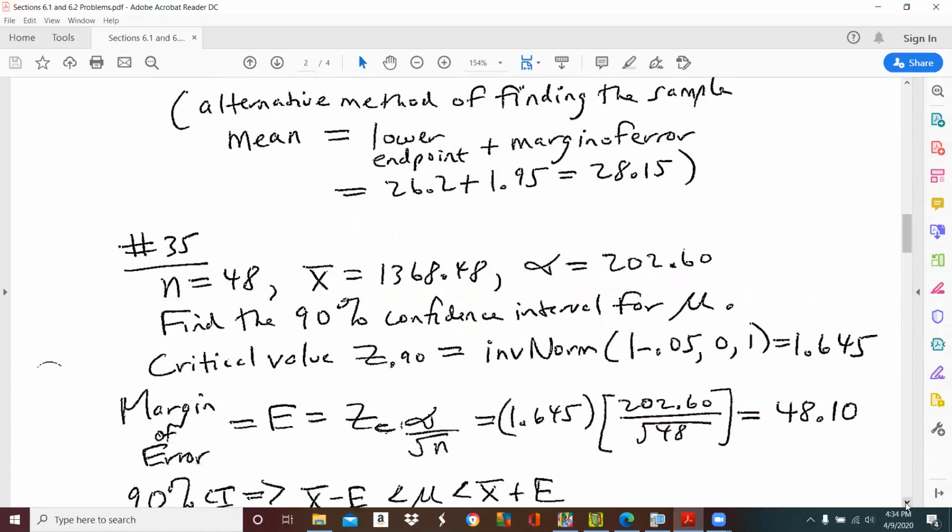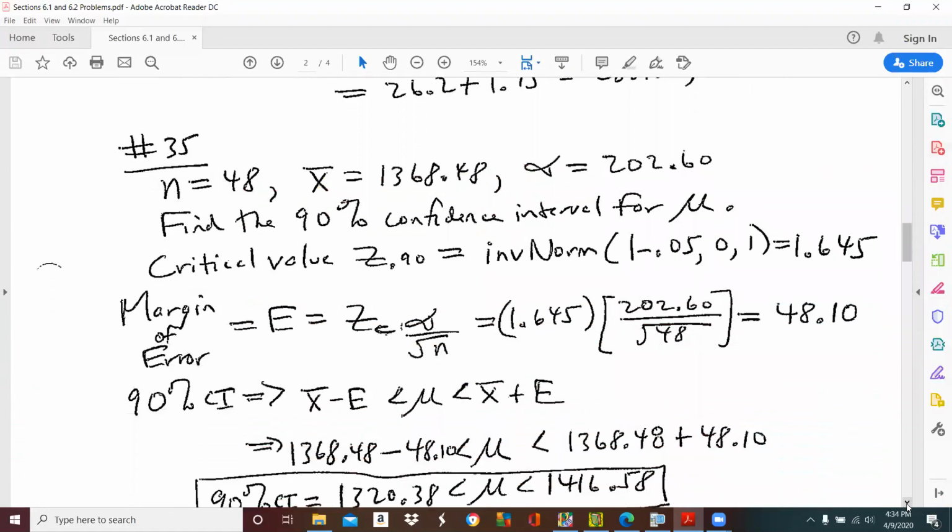We're going to do a 90% confidence interval in this case. So I wrote down the sample size of 48. X bar is $1,368.48. Sigma, the estimate of the population standard deviation, is $202.60. The critical value is Z90.